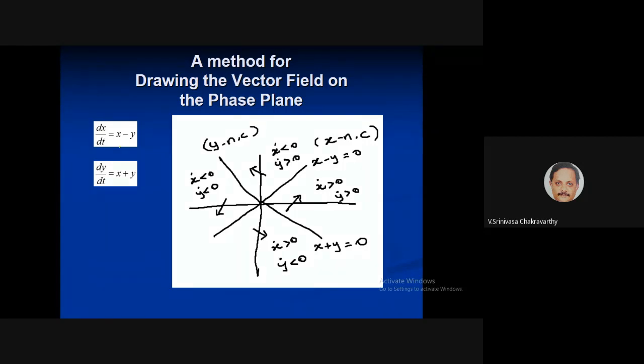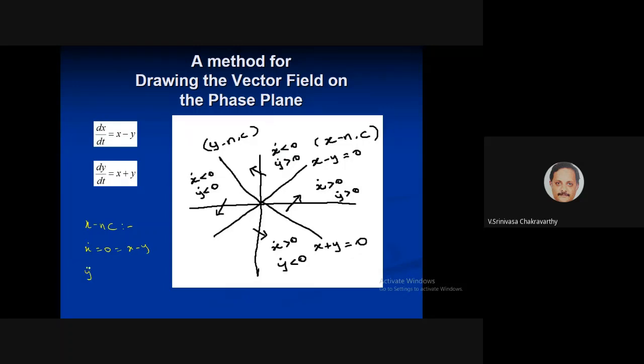The equations here are dx/dt equals x minus y, dy/dt equals x plus y. Now how do you understand the flow here? Just like in the case of the phase plane, I draw the null planes. What is the null plane? You have the x null plane, where x dot is equal to 0, which is x minus y.